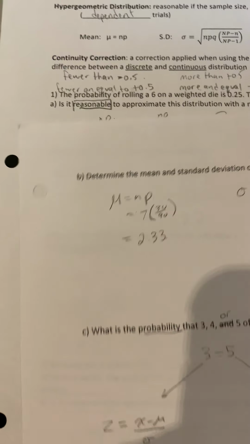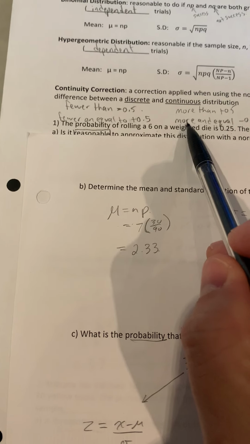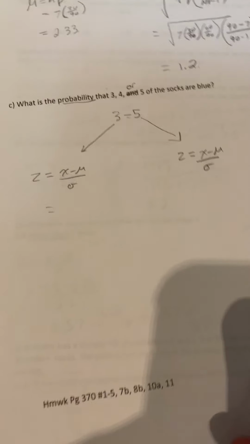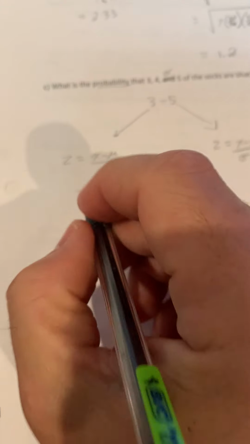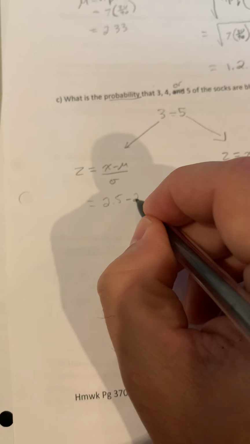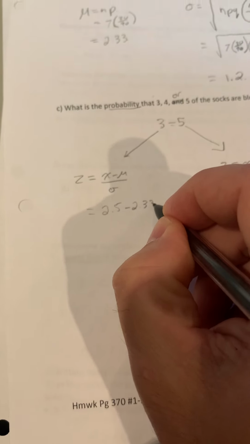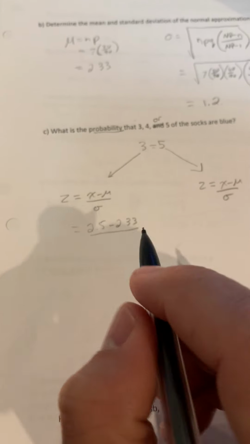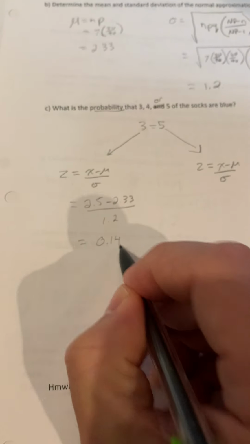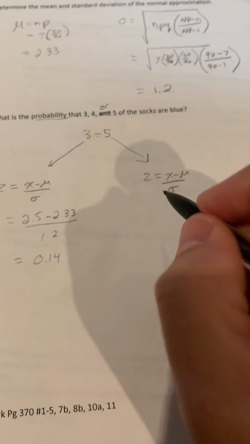So if you look here, 3 or more, so more and equal to would be subtract 0.5. So we're going to take 3 and subtract 0.5 and you get 2.5. So 2.5 minus our average, which is 2.33, divided by our standard deviation, which is 1.2. And you get an answer of 0.14 when you do the calculations.